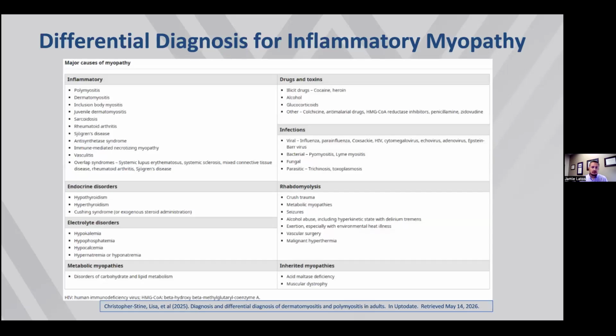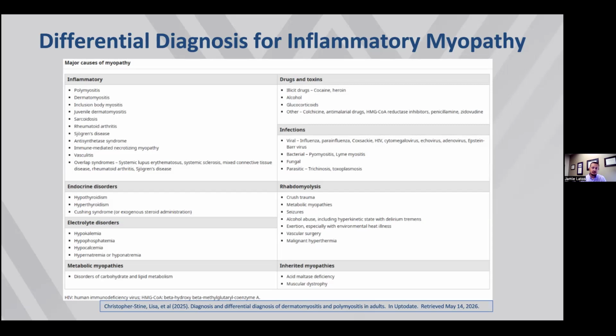Now, before we get into workup, it's also important to keep in mind that things that might seemingly present as an autoimmune disease can be mimicked by a variety of other things too. We're talking about inflammatory myopathies today, but you'll see some other rheumatic diseases listed under the inflammatory column there, things like RA, Sjogren's, vasculitis that may also cause weakness or rashes and so forth.